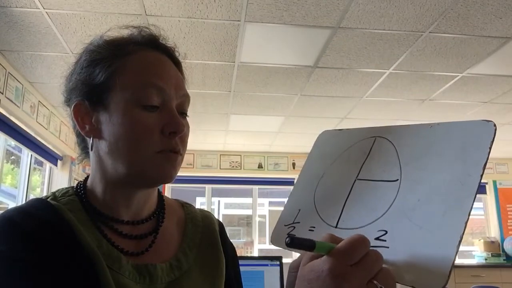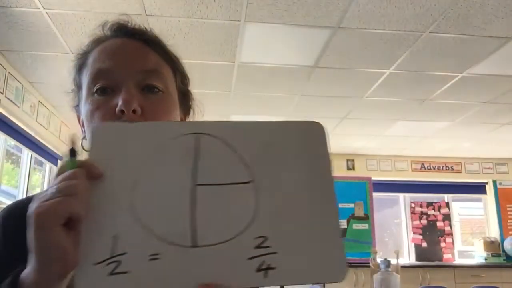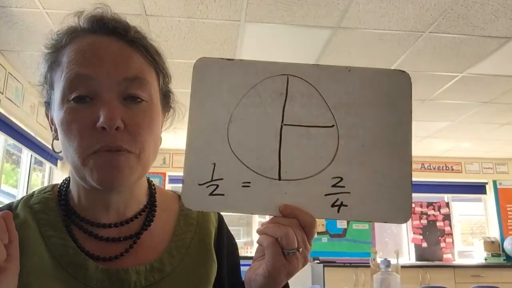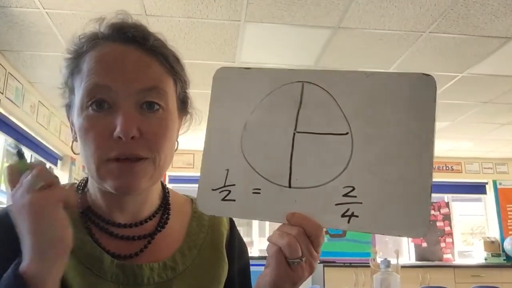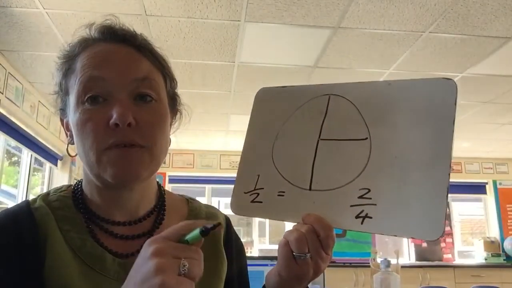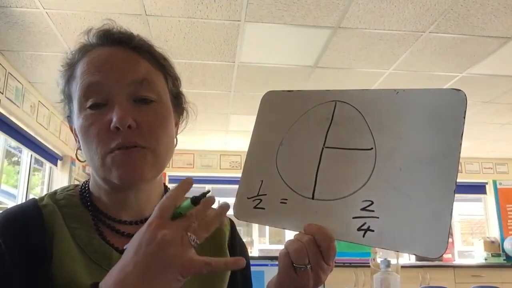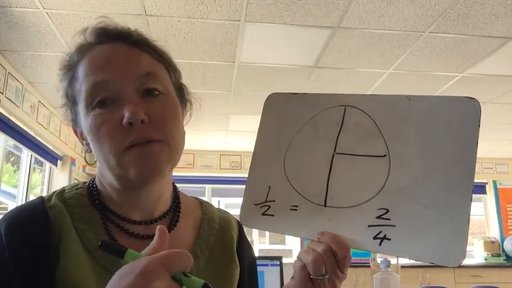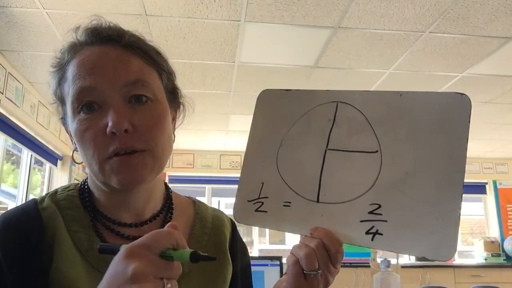2 quarters. Okay, now those of you, well, all of you know your 2 times table, so you should be able to spot the pattern here. Remember, when we're doing equivalent fractions, that whatever you do to the top number, you have to do to the bottom number. And that's always talking about timesing or dividing.